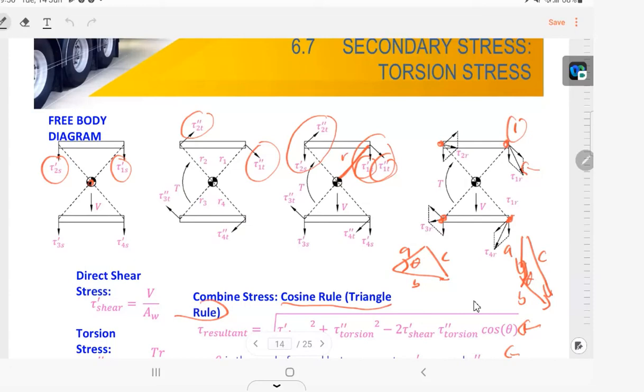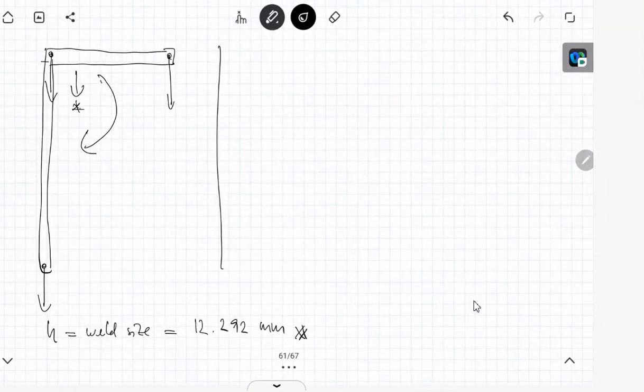So you find the primary at point 1, point 2, point 3 in terms of T. Then you find the value of R. Secondary from the centroid, you will get point 1, point 2, point 3.